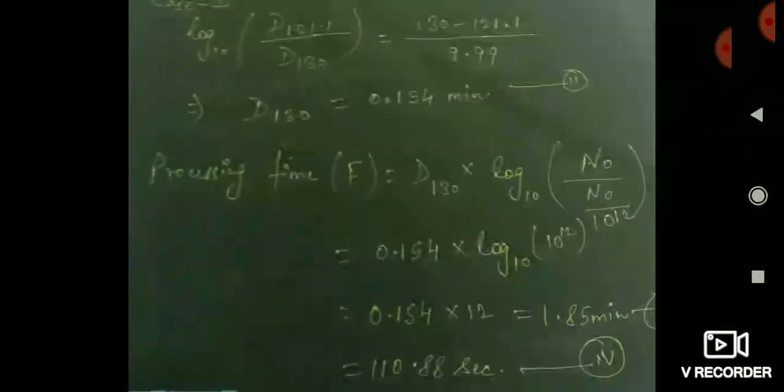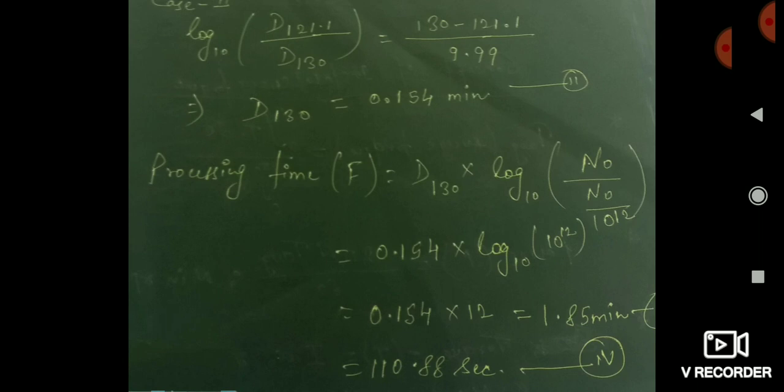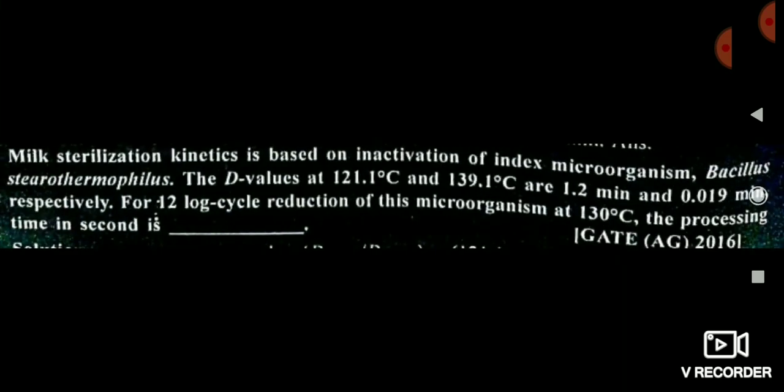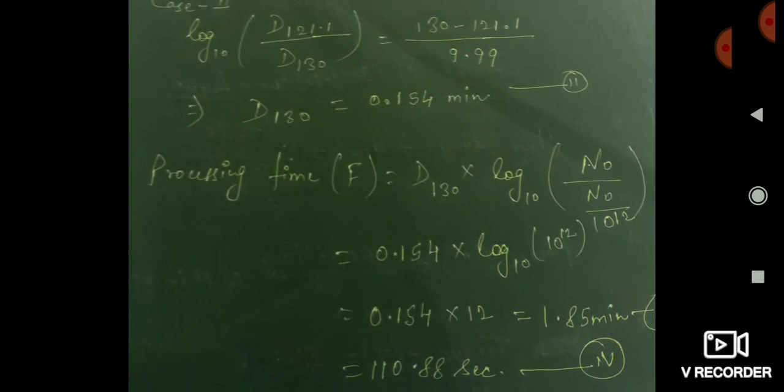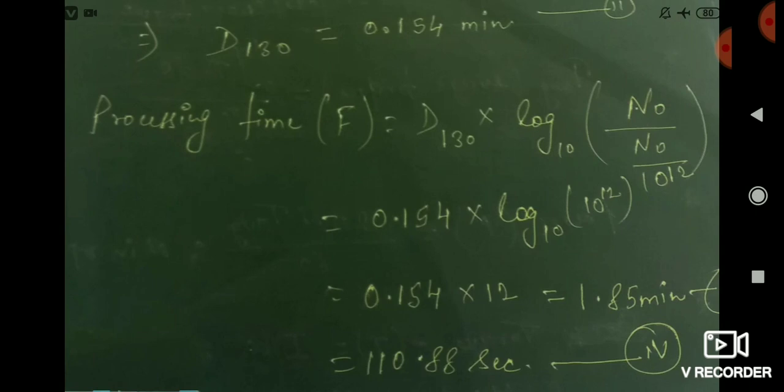Now friends, I have calculated the D130 value, that is 0.154 minute, and it is asking for 12 log reduction times. Means friends, initially our amount of microorganisms is N0, and finally it is reduced 10 to the power 12 times, means 12 log reduction.